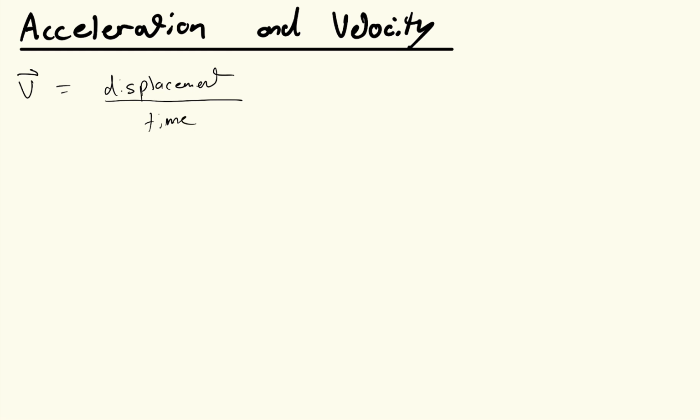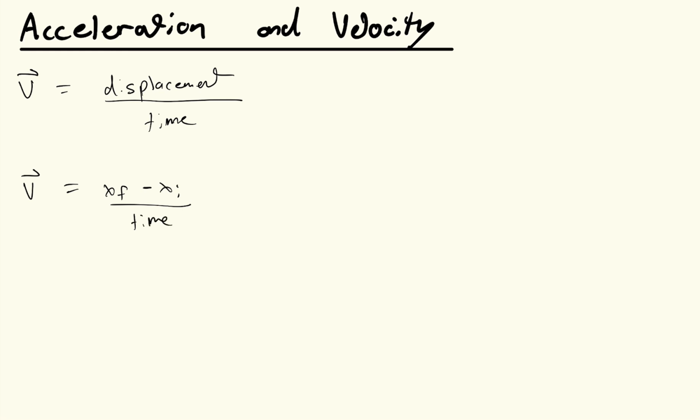Now you may be asking yourself what displacement is, but displacement is simply the change in position. So we can calculate displacement by getting the final position and subtracting it from the initial position. So knowing that, we can say that velocity is equal to xf, which is the final x position, minus xi over time.